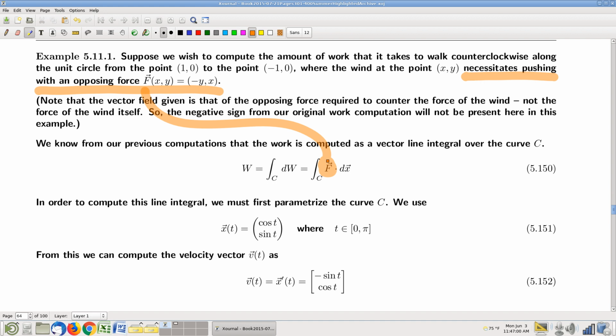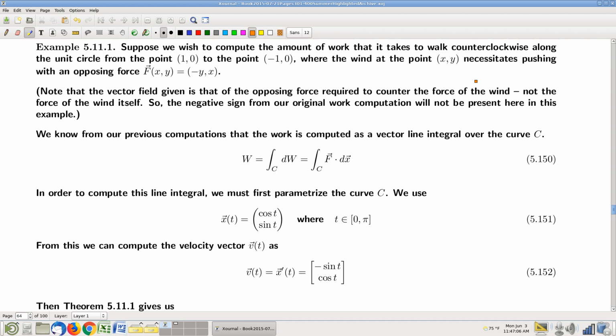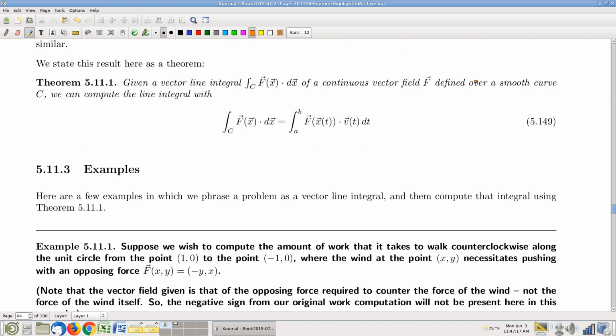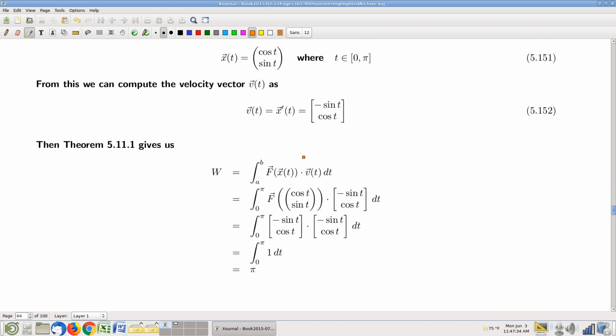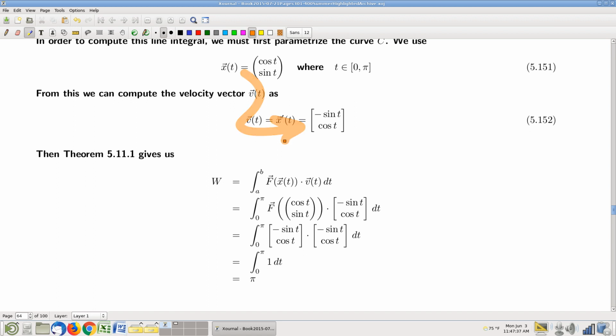Okay, so it's a plug and chug. F is given, F is identified, and C is parametrized. Our formula says that in order to turn the line integral into a single variable calculus integral, I've got to compute the velocity vector, and then plug in the parametrization. The velocity vector is just taking a derivative, and derivatives are computed component-wise, right? Chapter 3.